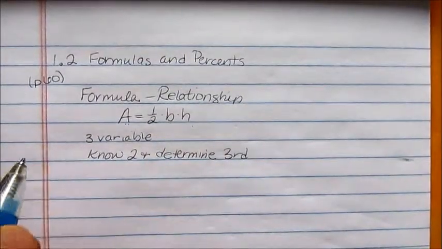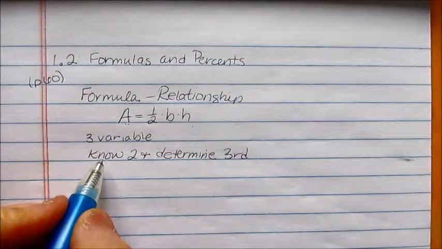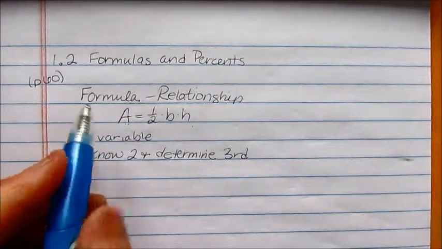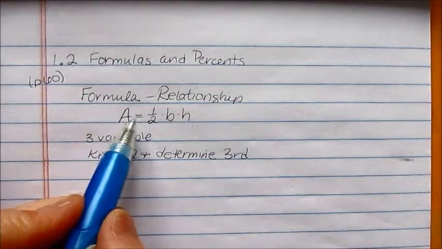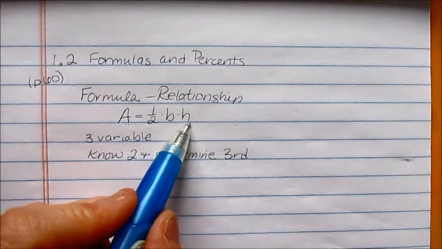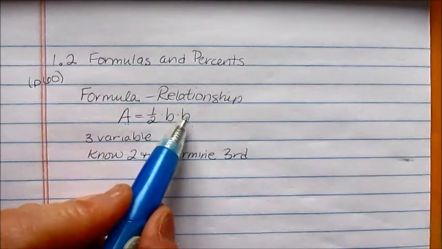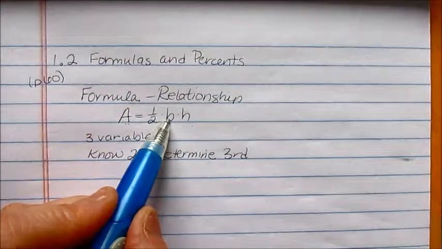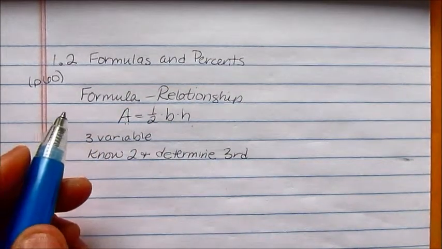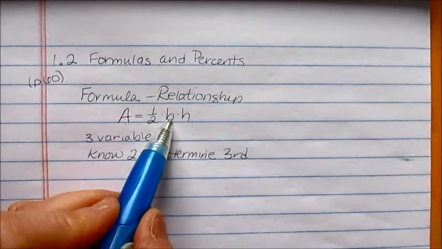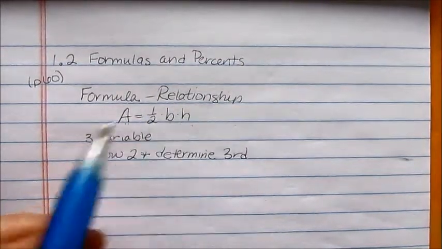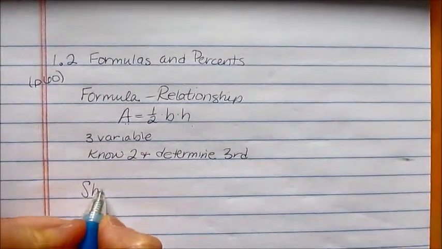But what if you don't know any of them? If we know area and base, then we can solve for h. So the question is, can I solve for h without knowing area and base? The answer is yes. You pretend these are variables and get h on a side by itself.